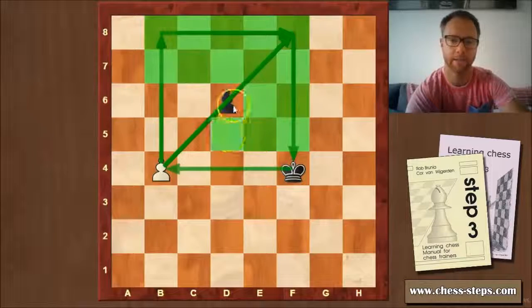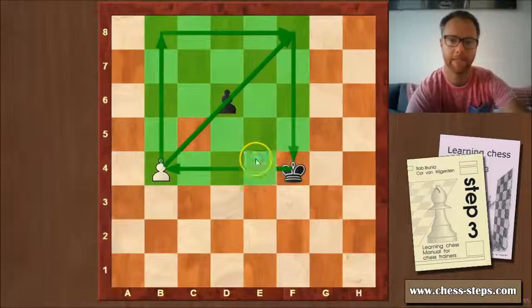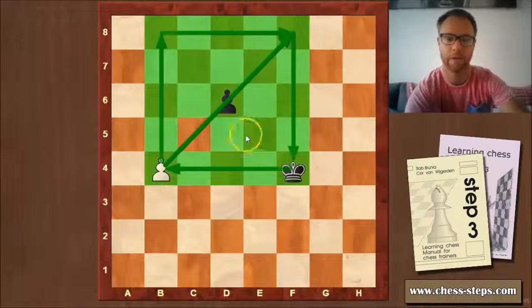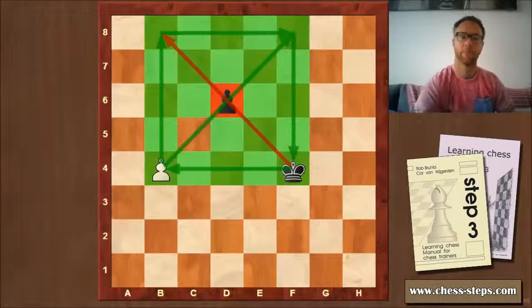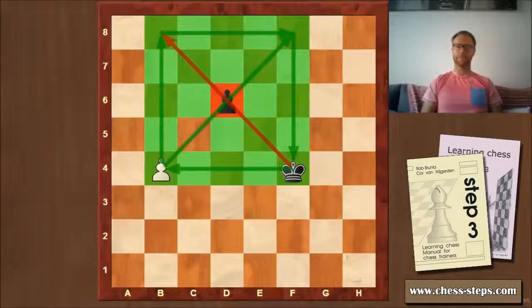However, there is a problem. And the problem is that the fastest route of the king is blocked by the pawn on d6.